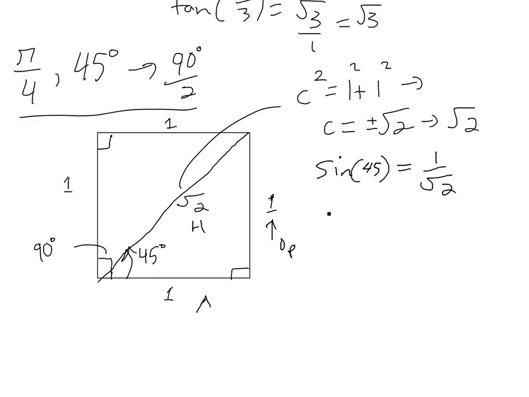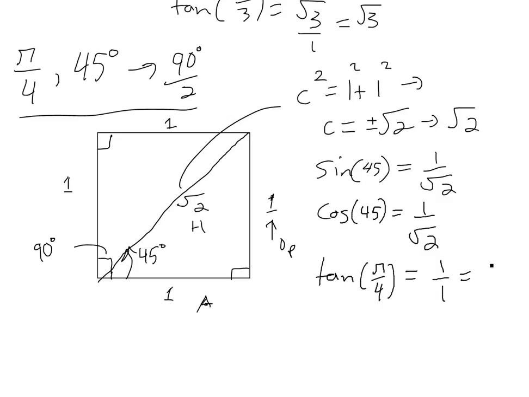Then cosine of 45, again adjacent is 1, so 1 over root 2. So this is the same. And tan of pi over 4 would be 1 over 1, or 1. So we have exact ratios for this.